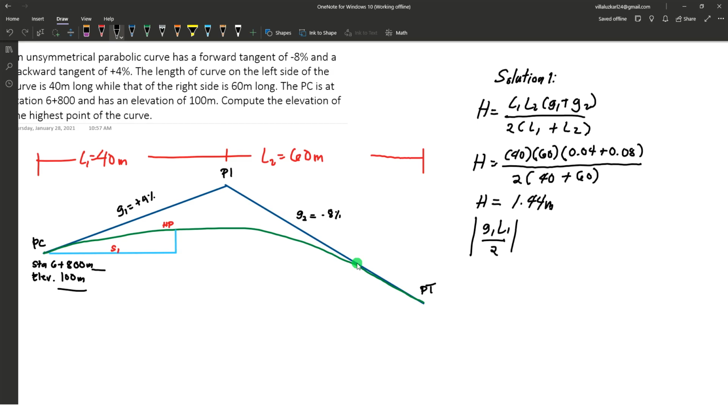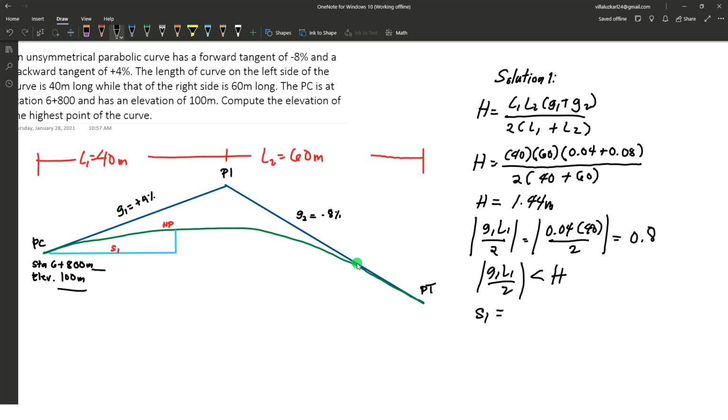So we compare the answer of this to H. So 0.04 times 40 over 2. The answer is 0.8. So it means that G1 L1 over 2, which is 0.8, is less than the computed H. Therefore, we can use the solution for the location of the highest point.